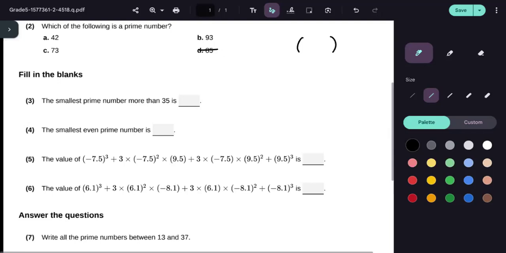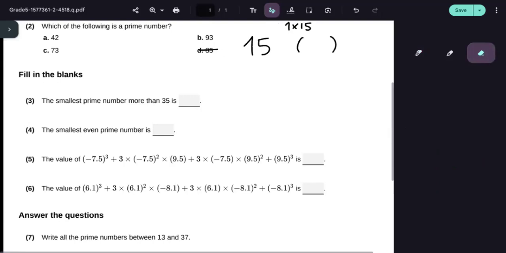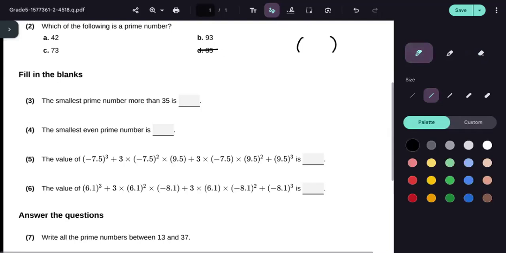15, however, this number 15 has 2 factors. It has 1 times 15, 3 times 5. So that's why always take a look out and do your calculator pressing if you need to.